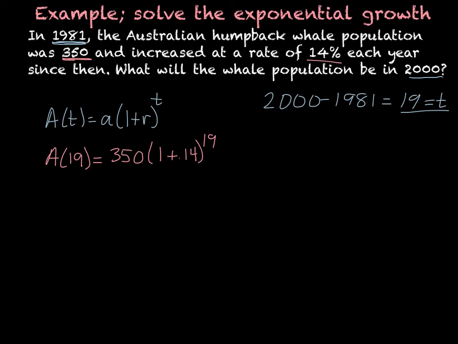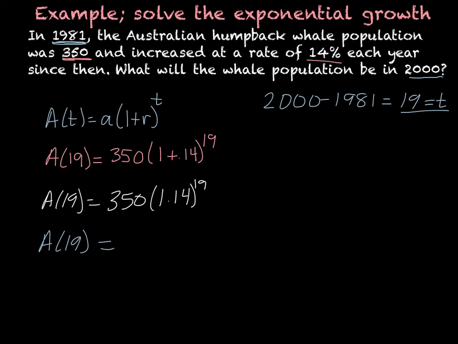And then I can just simplify. A of 19 equals 350 times 1.14 to the 19th power. And then solving for A of 19, if you type that in the calculator, you would get roughly 4,219.